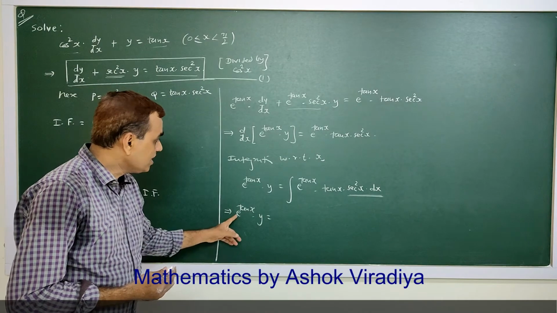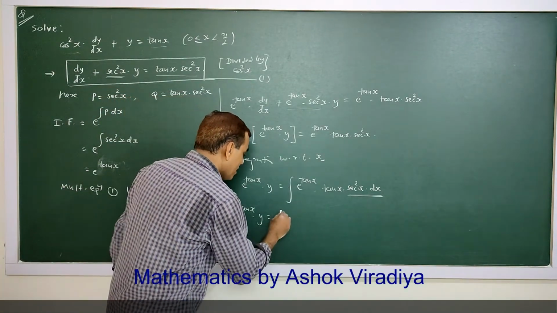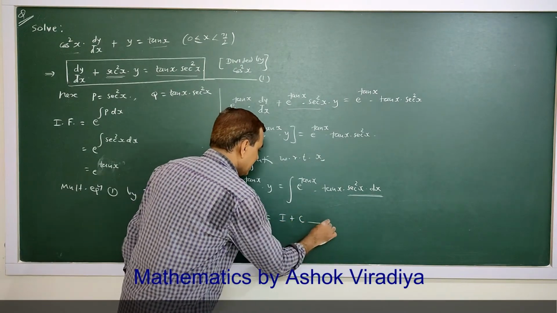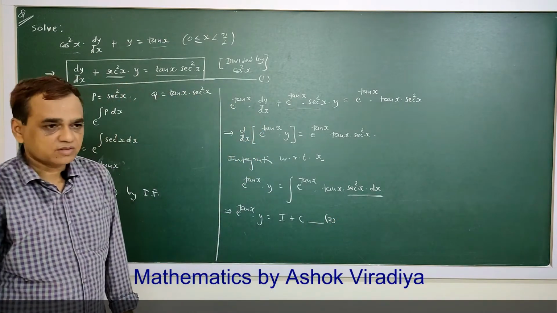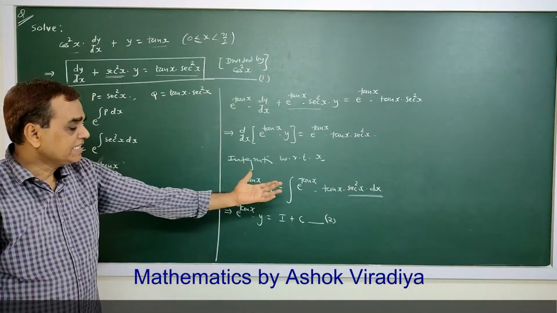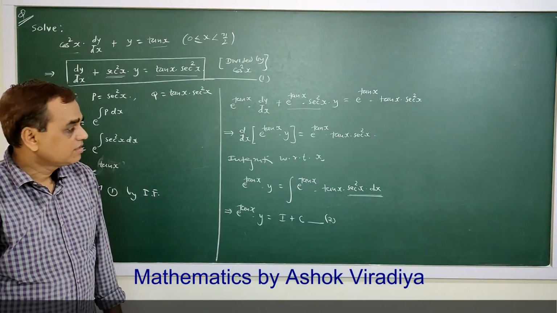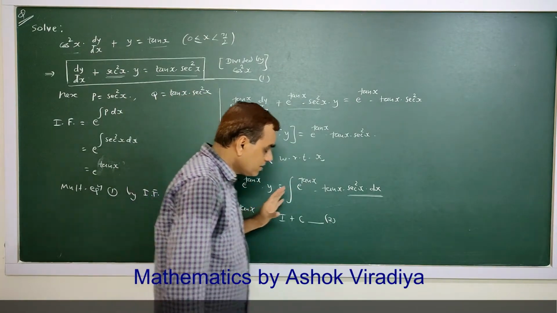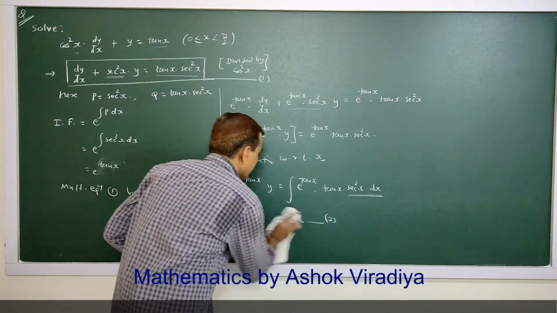So e raised to tan x into y equals I plus c. We say it is equation number 2. The integral of the right hand side is I plus c. In this question you can continue without taking I.